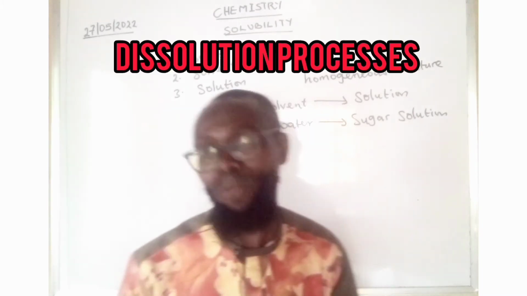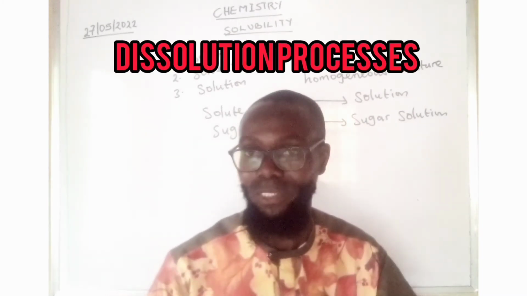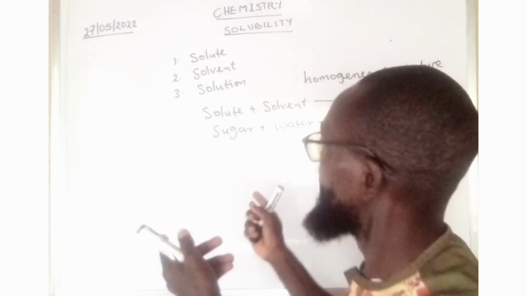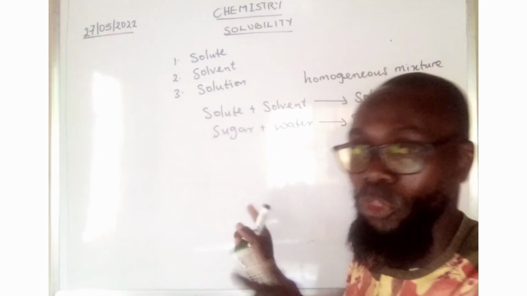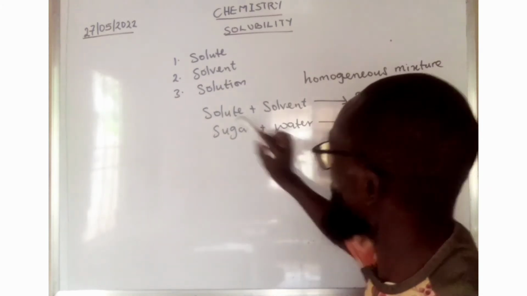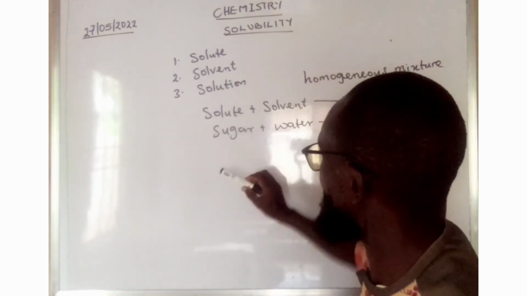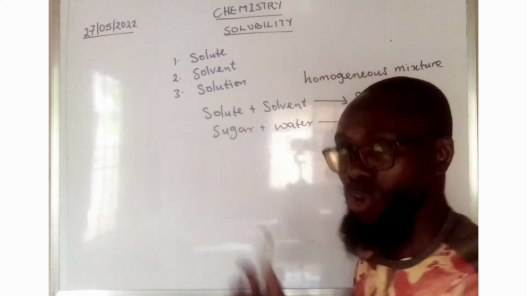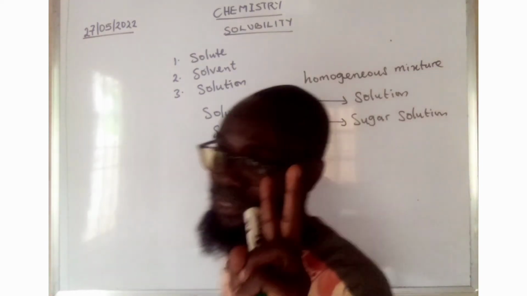Now, let's talk about the dissolution process. You are dissolving your sugar in water to produce a solution. This particular sugar or salt can be recovered. This particular water can also be recovered through two processes.